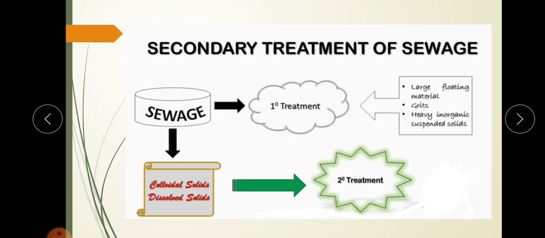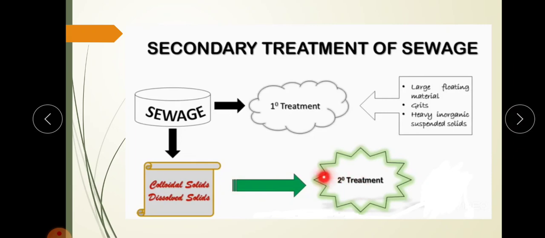So in primary treatment, large floating materials, grit and heavy inorganic suspended solids are removed, and the sewage from which these large matters are removed is passed into the secondary treatment. In the primary treatment we are removing the colloidal solids and dissolved solids using the method of sedimentation.